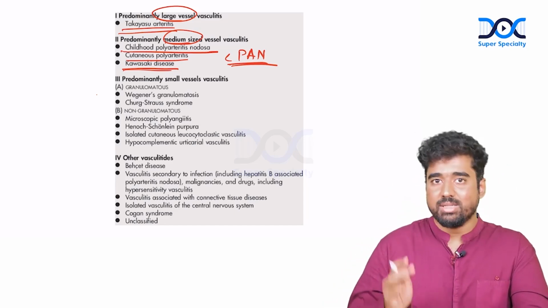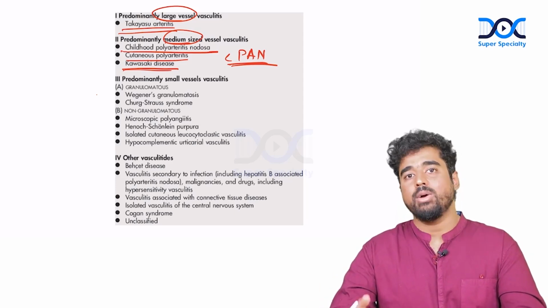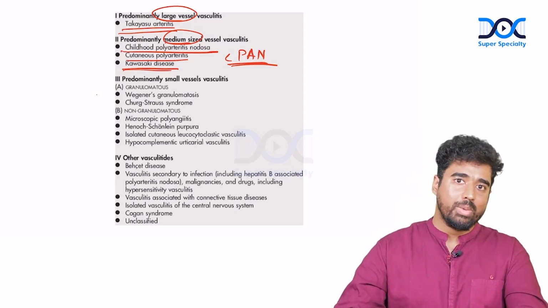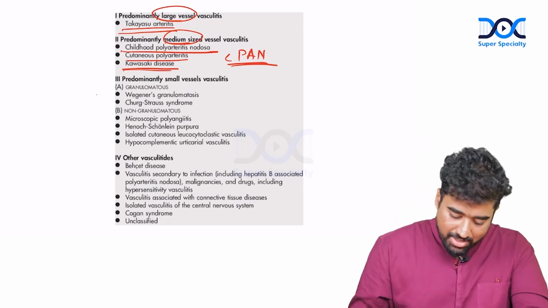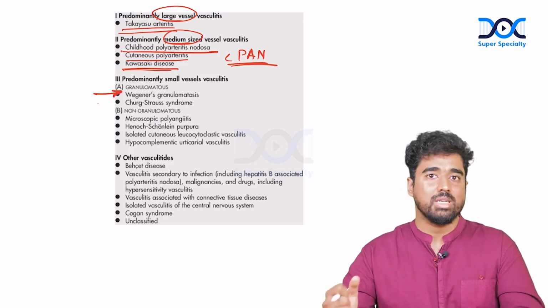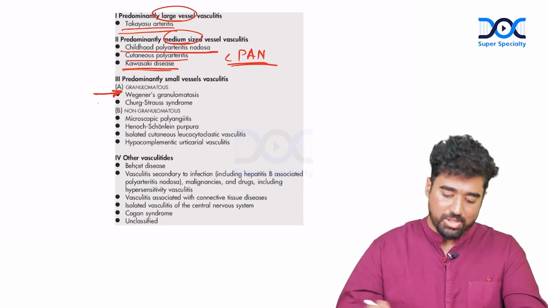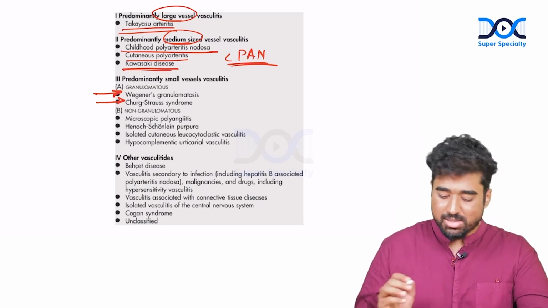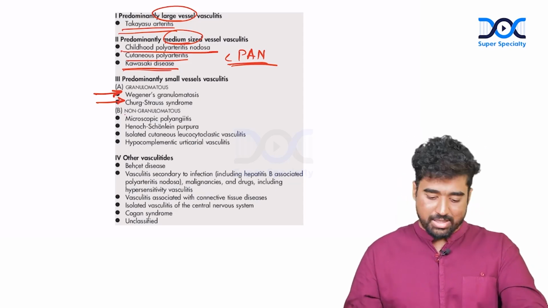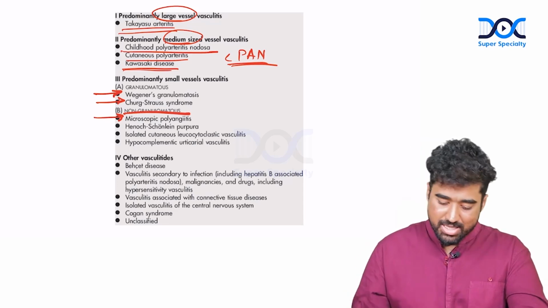Among these, GPA or Wegener's has granulomatosis in the name itself, so it is granulomatous. Then Churg-Strauss syndrome, also now called EGPA or eosinophilic granulomatosis with polyangiitis, is also under granulomatous small vessel vasculitis. Then you have non-granulomatous, where the third one, microscopic polyangiitis, comes.